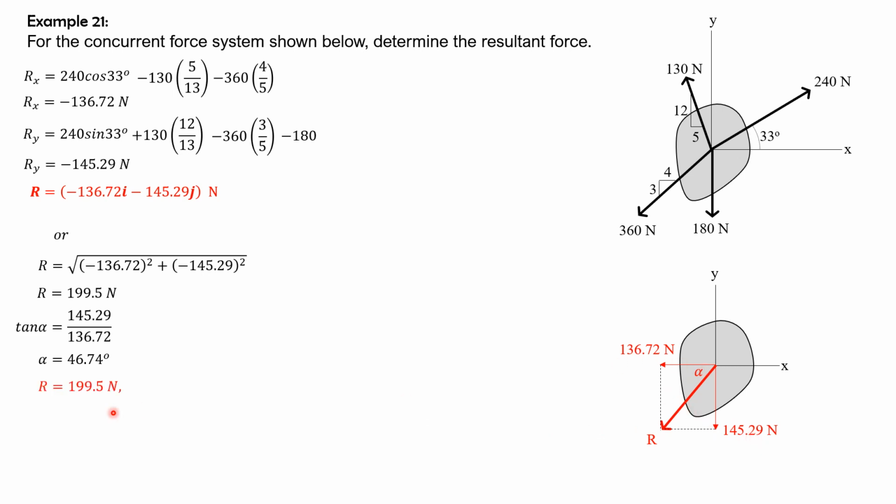So alpha equals 46.74 degrees. So theta x is 180 plus 46.74, so 226.74 degrees. So the other way of presenting your final answer for this resultant is R is 199.5 newtons in magnitude, and theta x equals 226.74 degrees. So this is the other way of presenting the final answer.